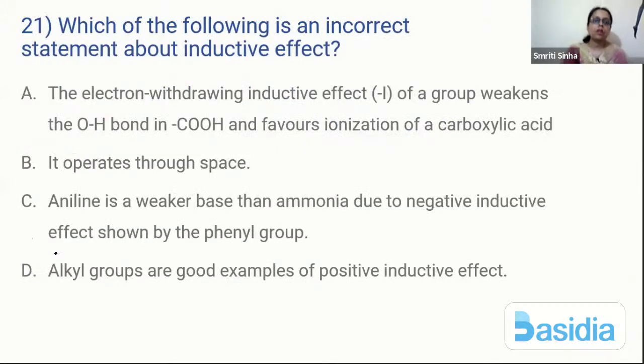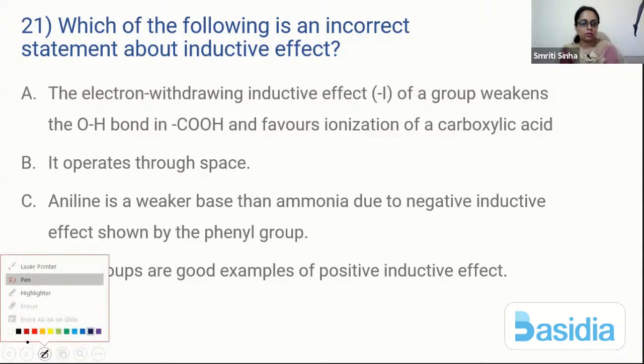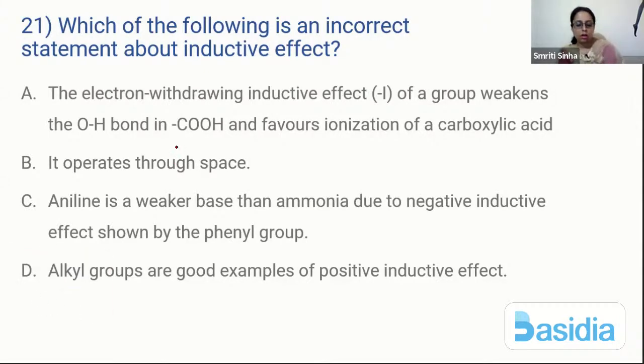Next, which of the following is an incorrect statement about inductive effect? First, the electron withdrawing inductive effect of a group weakens the OH bond in the COOH group and favors ionization of carboxylic acid.